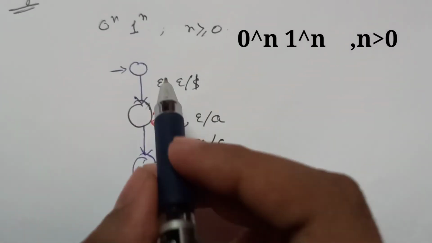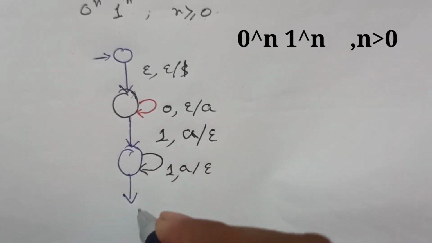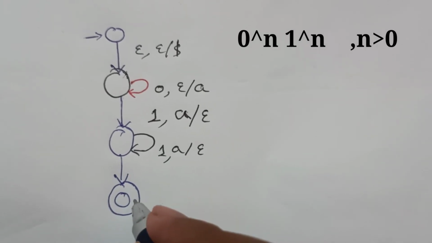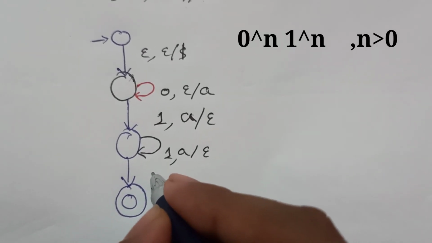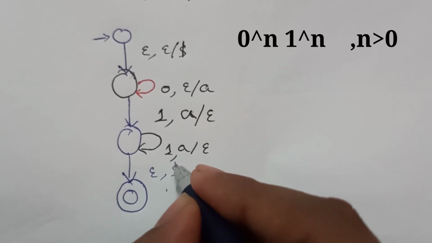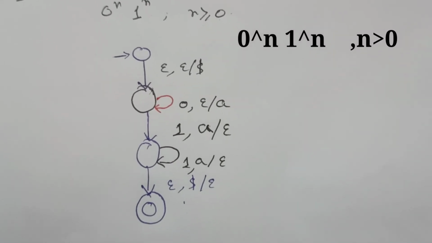Now the whole string is accepted, and we just remove the stack top and reach our final state. We read null from our input string, and we remove our marking dollar symbol, replacing it with null. So this is the PDA.